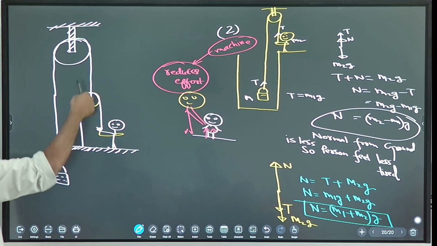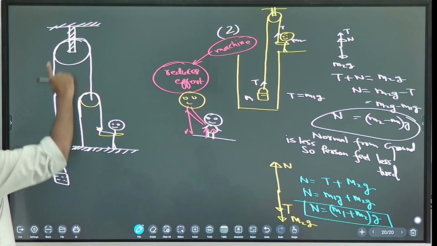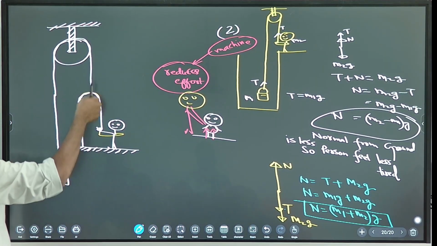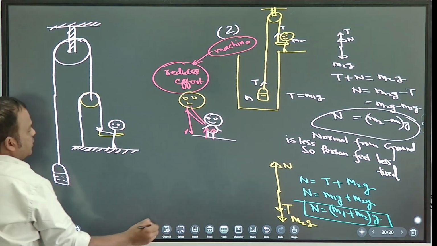Now two strings are there. Okay, one string, two strings. Two strings are there.